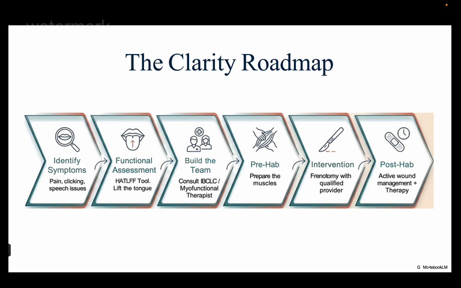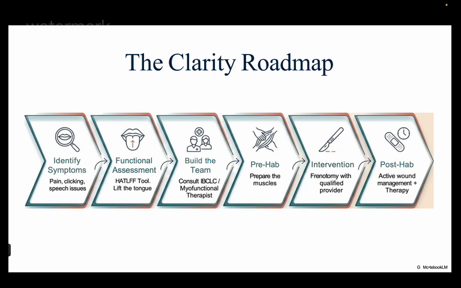So the intervention will be the frenotomy or frenectomy, and post this will be active wound management and therapy. So the roadmap is identifying the symptoms, functional assessment, build the team, then you do the pre-assessments, do the intervention, and post rehabilitation.